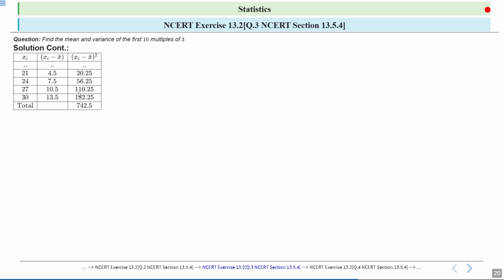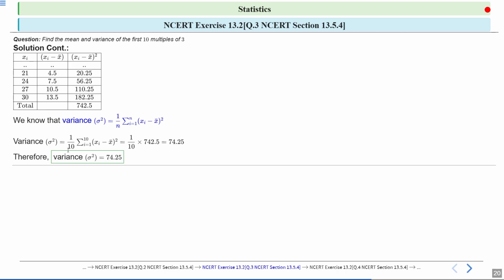Here we see a table that helps us calculate the variance. We know variance sigma square equals 1 divided by n times the summation from i equal to 1 to n of (xi minus x bar) whole squared. Now substituting our values into the formula, we have variance sigma square equal to 1 divided by 10 of the summation from i equal to 1 to 10 of (xi minus x bar) whole square. This is simply equal to 1 by 10 times 742.5, which equals 74.25.